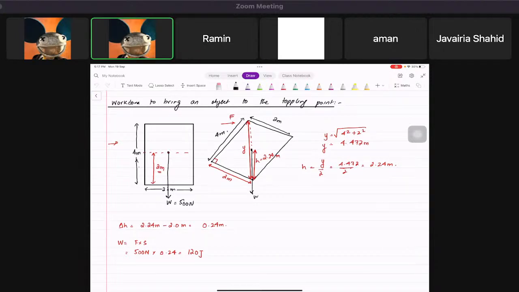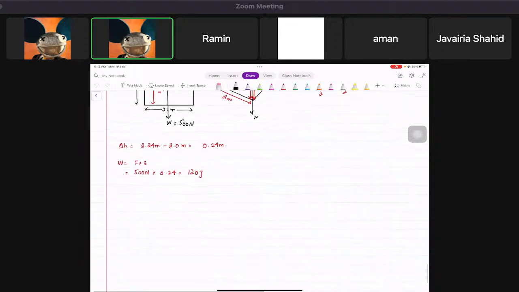So right now, basically we did work done to bring an object to the toppling point, right? Last time. And today we are going to start with the torque of a couple. The symbol for torque of a couple is this T called tau.